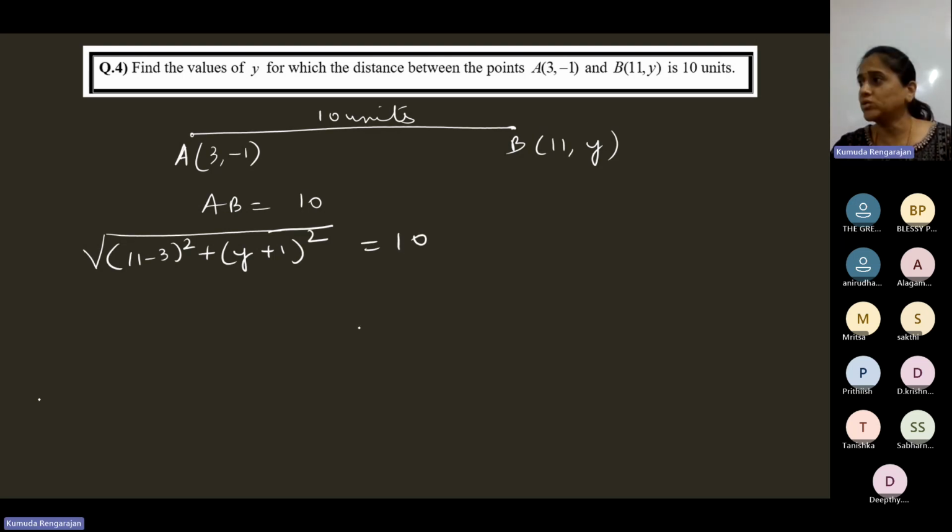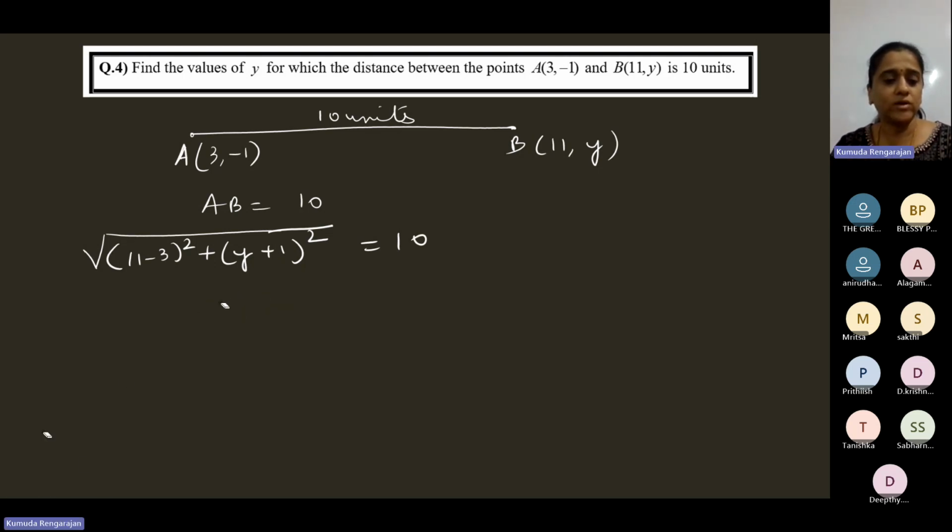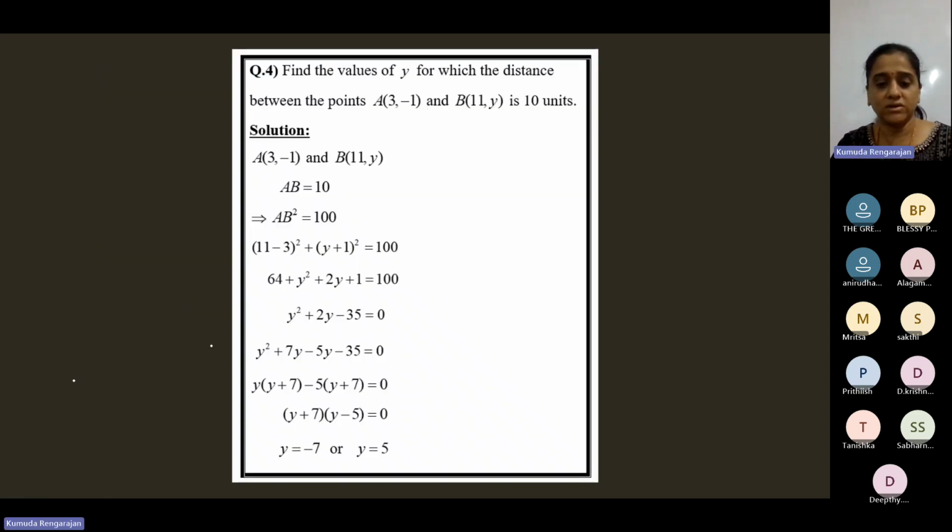Now square on both the sides, because you want to get rid of the square root. So 11 minus 3 is 8, 8 squared, plus y plus 1 the whole square.